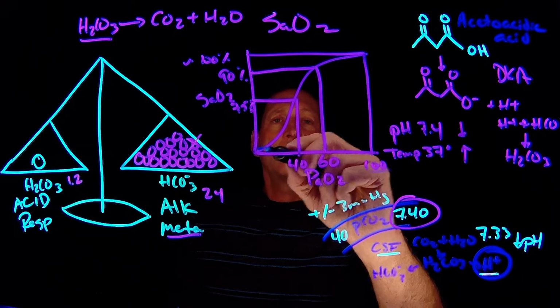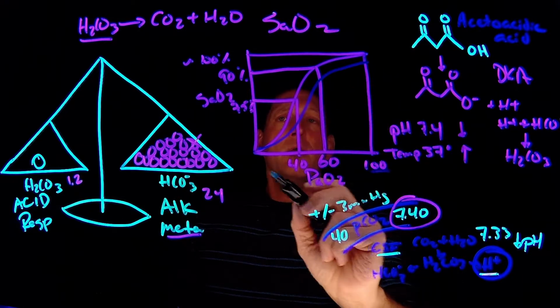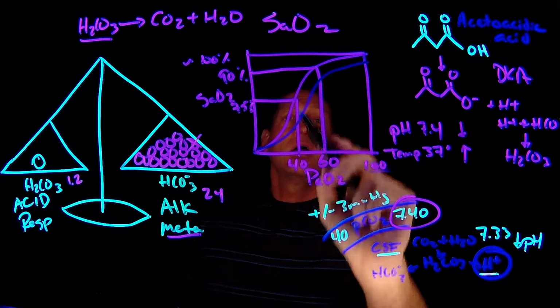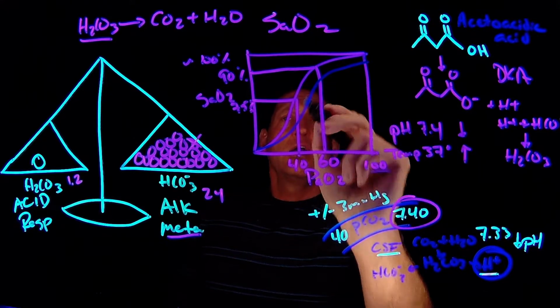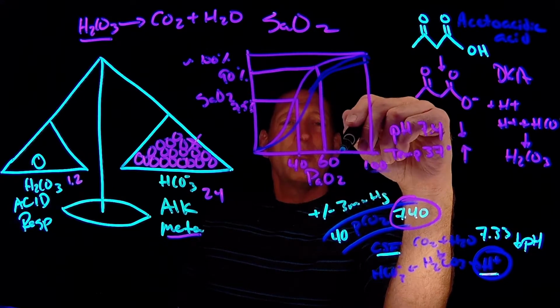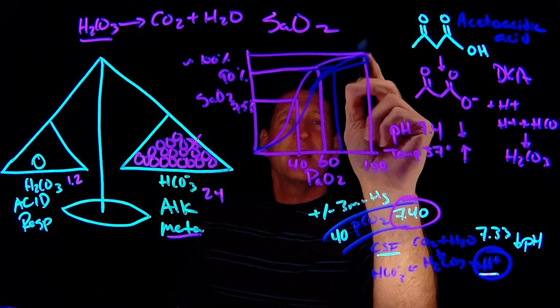So what's going to happen is that the whole curve gets shifted over. If I want to maintain 90, I'm going to have to come out here and bump them up higher in order to maintain that 90.